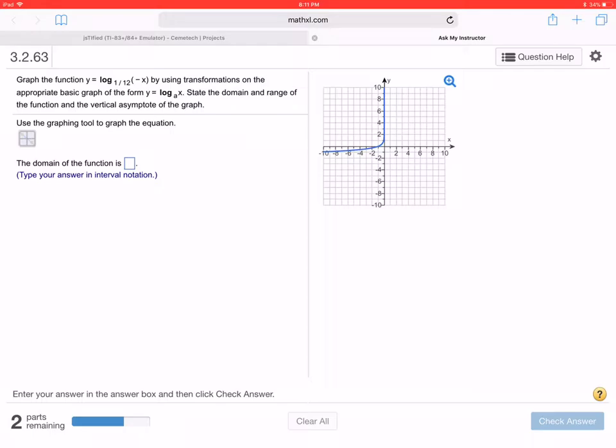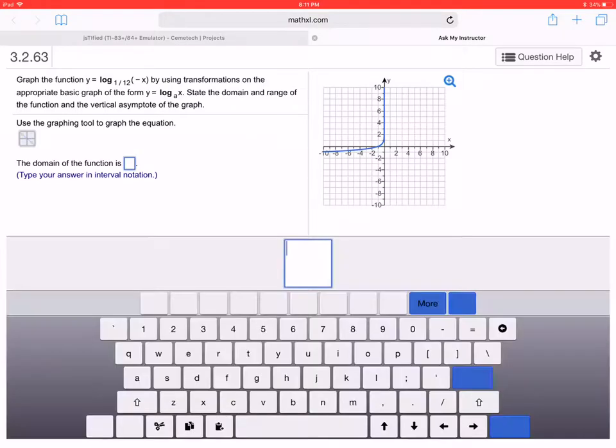Now, if we have a graph like this, the domain is the very left to the very right. I'm going to open my parentheses. We're going to go from negative infinity to the far right.